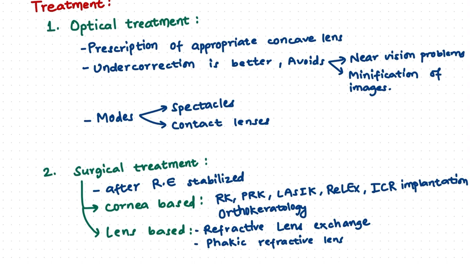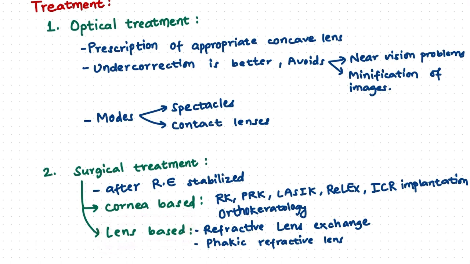Right. Now the surgical treatments that are available for myopia are: one is cornea based, one is lens based. Cornea based is more popular, and lens based are rarely done.